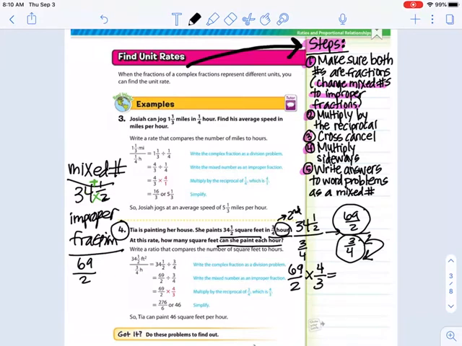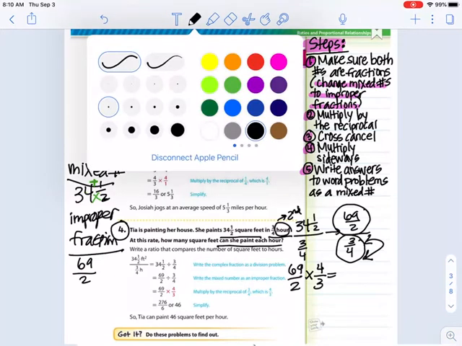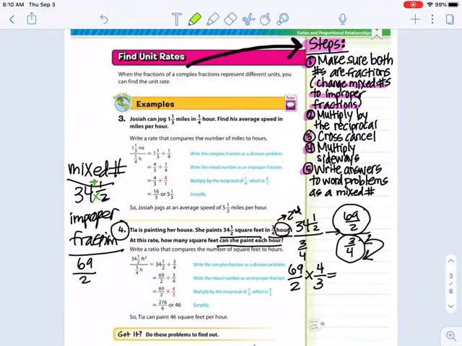Our next step is to try to cross cancel. This is where we're looking for common factors. What are common numbers that we can divide by? Right away, I noticed 2 and 4. Those are both even numbers, and I could divide each of those by 2. So 4 divided by 2 is 2. 2 divided by 2 is 1.